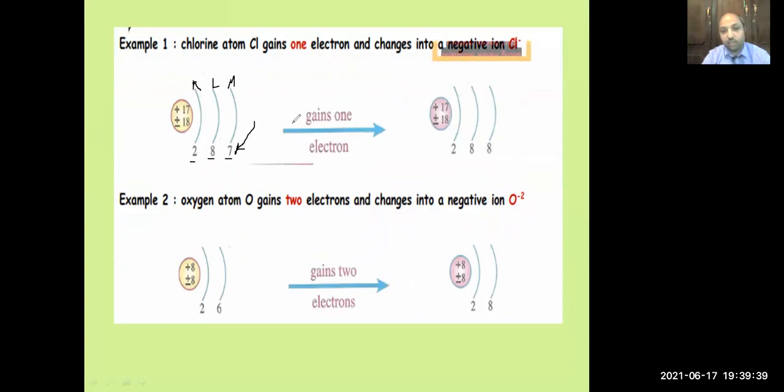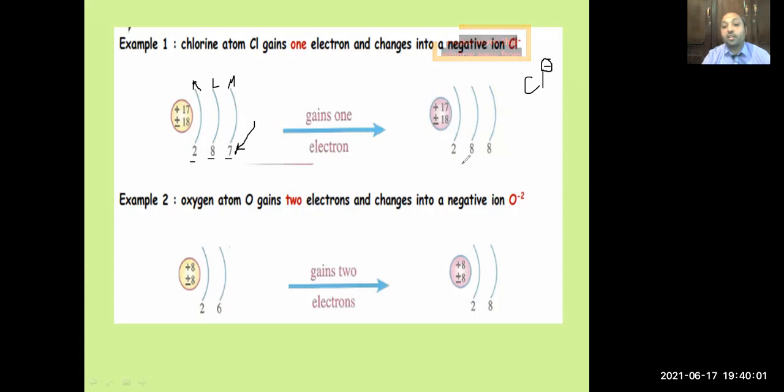So here the chlorine atom gains 1 electron and changes into a negative ion. The chloride ion carries 1 negative charge, equal to the number of electrons that it gained.